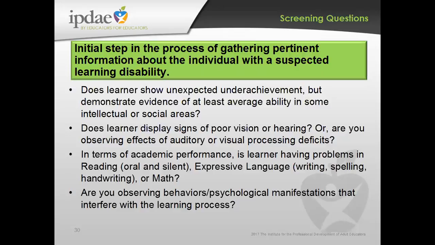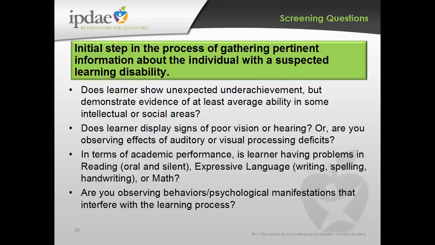You may have students that have a number of the characteristics that we've talked about, and you may have students who have that academic discrepancy that we looked at. So these are the students that you might want to screen to see if they are at risk for a learning disability. So these are the questions.